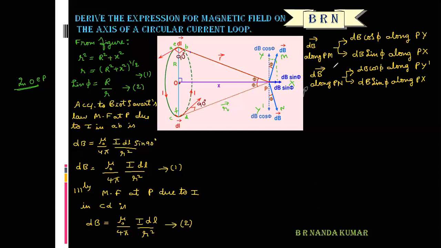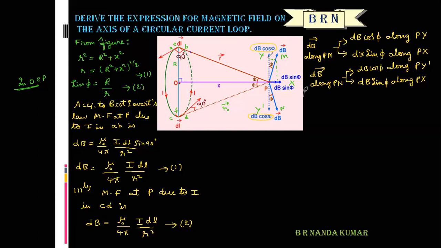So the magnetic fields along Py and Py dash are both equal and opposite. So here the components dB cos phi along Py and Py dash get cancelled with each other, because both are equal and opposite.